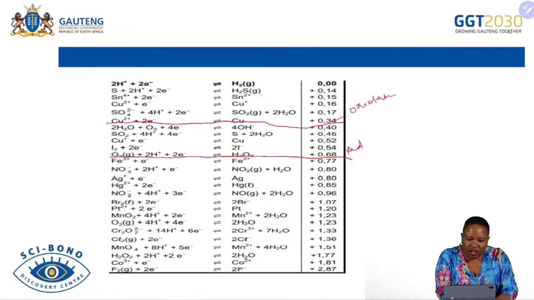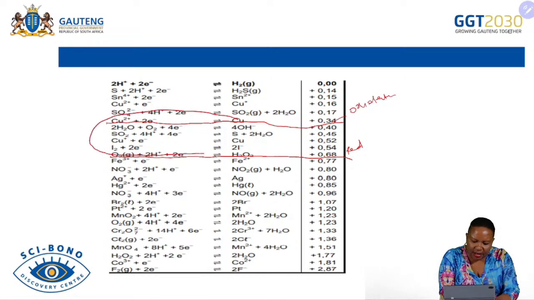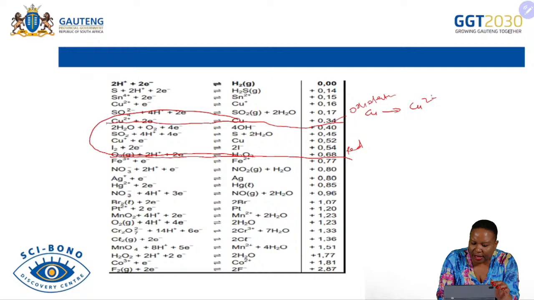If you write oxidation, we write it like this, and reduction like this. So our copper will be Cu going to Cu2+ plus 2 electrons. And this one is going to be our oxygen plus 2H+ plus 2 electrons, giving you hydrogen peroxide.